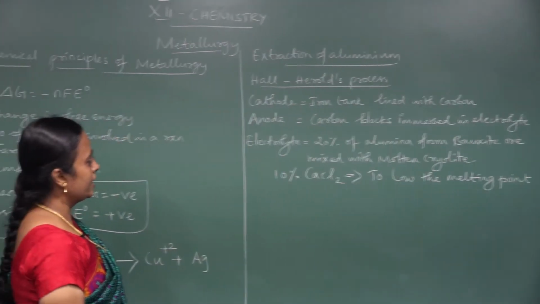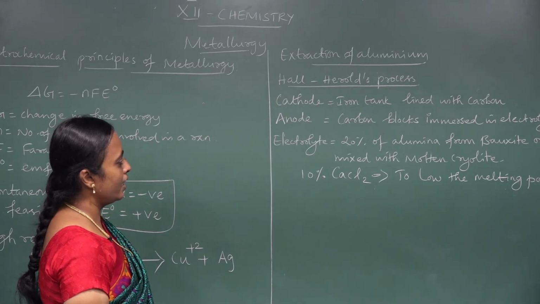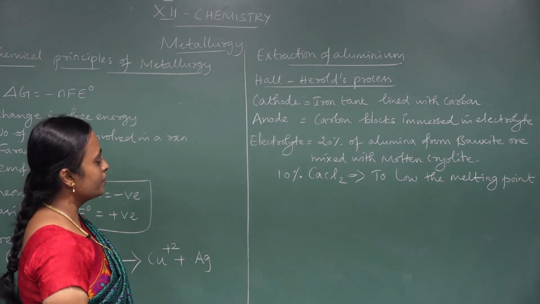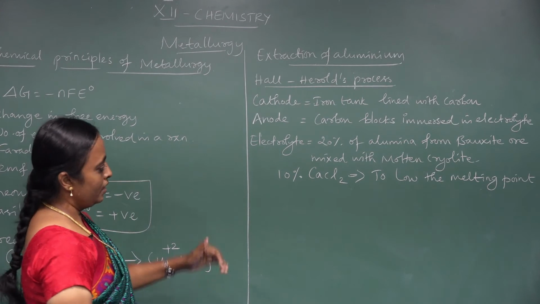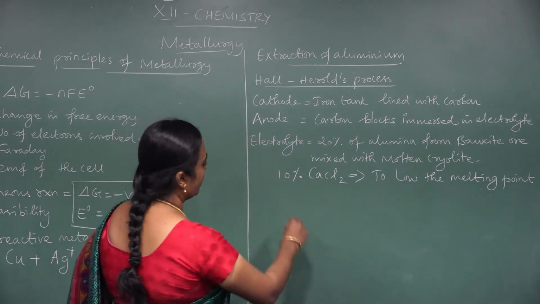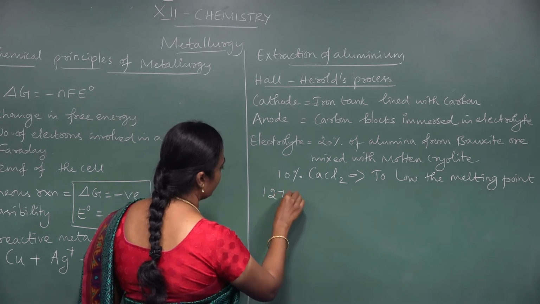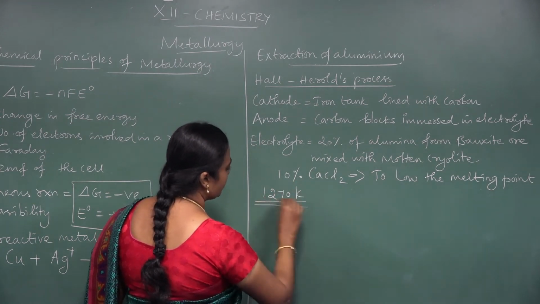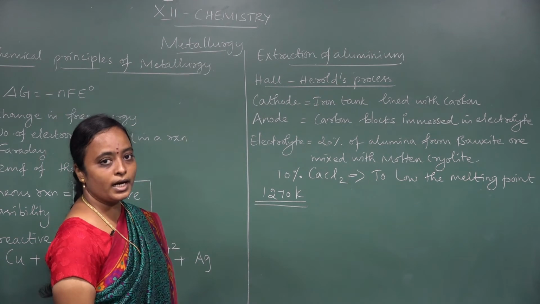So there will be reaction at cathode and anode. So usually in Hall's process, what is the reaction? We are maintaining this condition and we are applying a temperature of 1270 Kelvin. There will be some chemical reactions occurring.